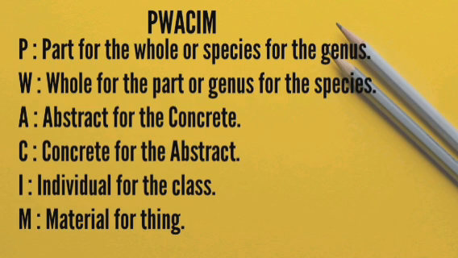The next variety is I. Okay, I refers to individual for the class. So what we see here is an individual who holds some high position in a society, or in his class, or in his country, as I mentioned.